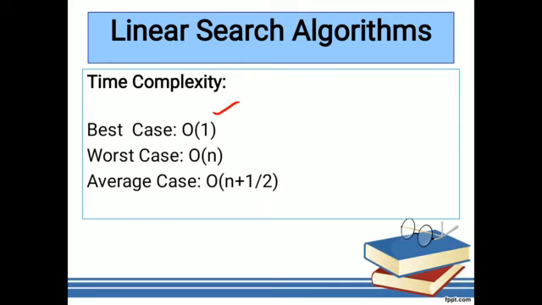Why? If we have 3 elements, 3, 4, 16, and our key element is 3. Or if we have a list of n number of elements and the key element is, for example, 3. Now by using linear search, first we traverse from the starting element.